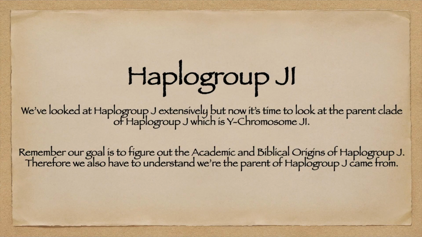We've looked at haplogroup J extensively, but now it's time to look at the parent clade of haplogroup J, which is Y chromosome IJ. Remember, our goal is to figure out the academic and biblical origins of haplogroup J. Therefore, we need to understand where the parent of haplogroup J came from.